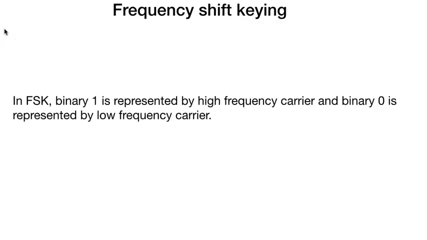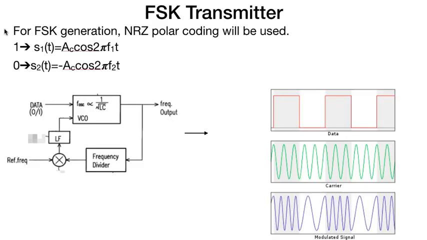With frequency shift keying, the binary 1 is represented by high frequency and binary 0 by low frequency. For FSK generation, NRZ polar coding will be used. You can see that in this scenario, you have Ac cos 2πf1t and minus Ac cos 2πf2t.